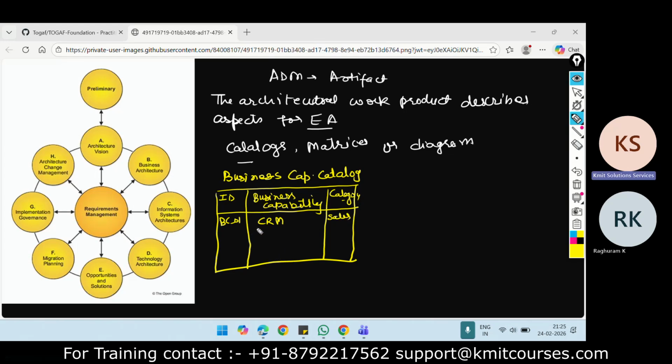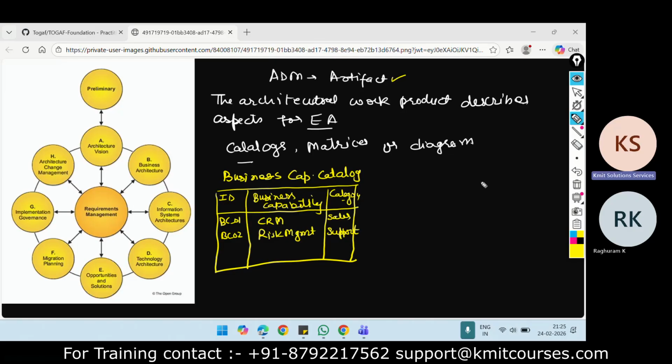Similarly, ID2 defines risk management, which is, say, an example of support. Like that, you will create a catalog for your business capabilities, which is nothing but a list of things. So this is one of the artifact types.